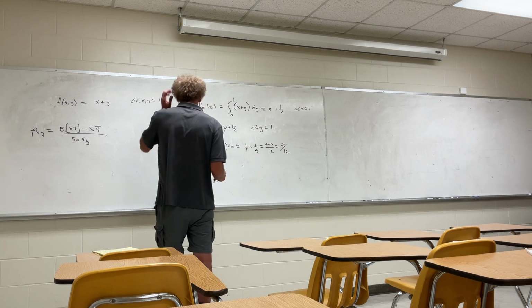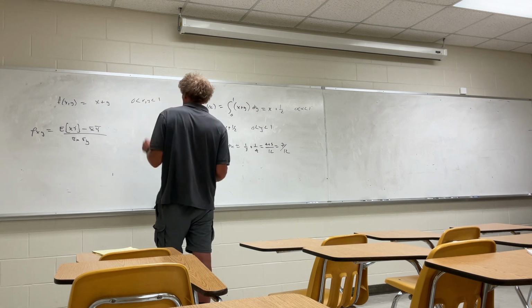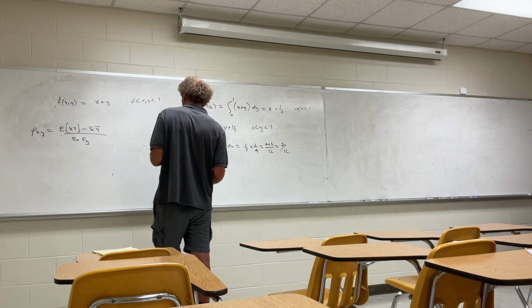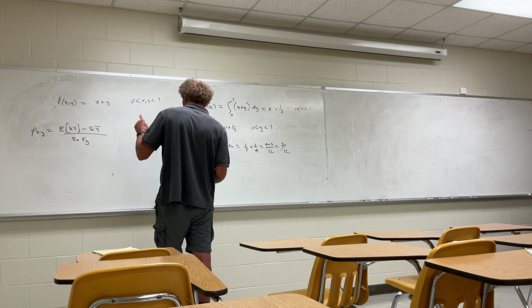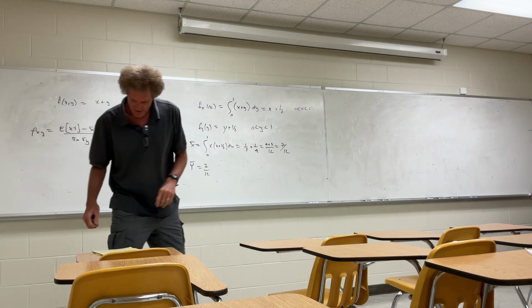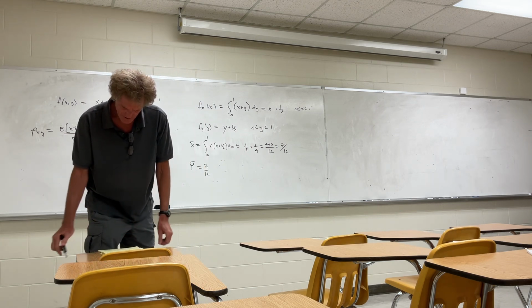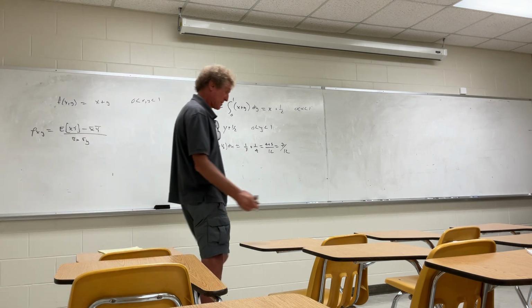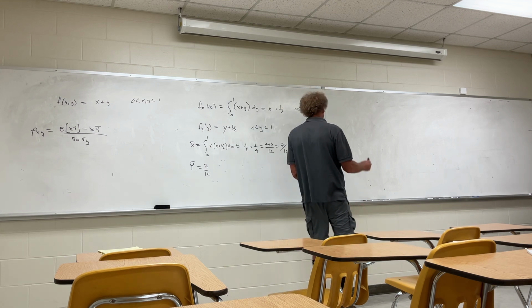Now, after that, I guess we can do the expected value of x times y next. I'm trying to do this in an order that's simple. Yeah, let's do the expected value of x times y. Why don't you help me with this one?